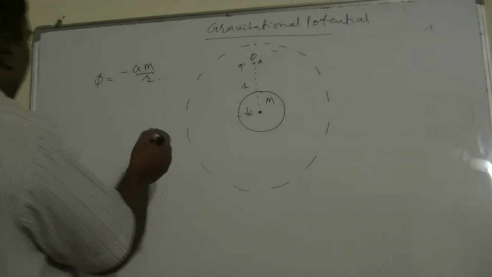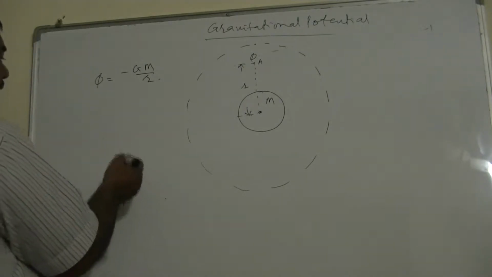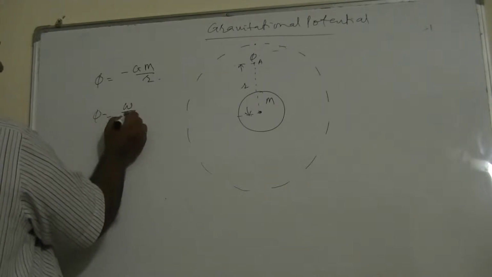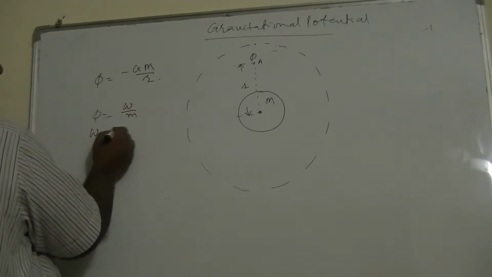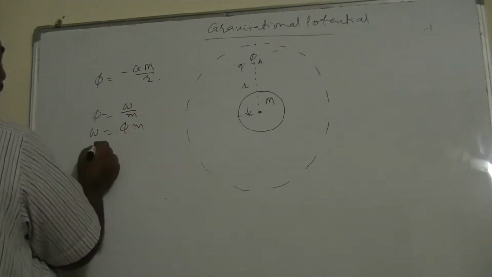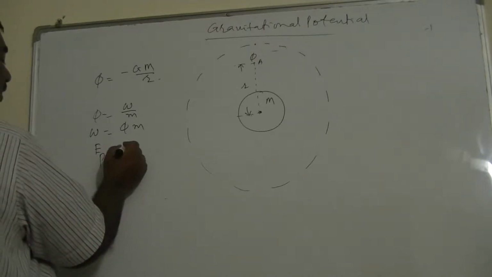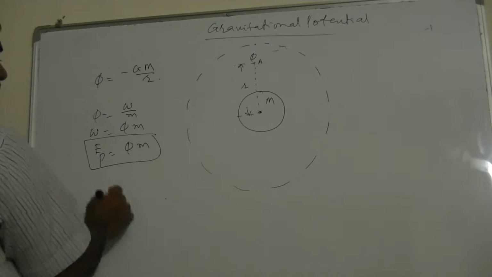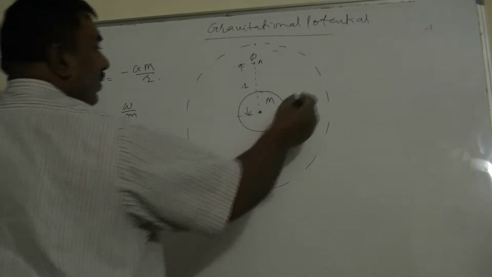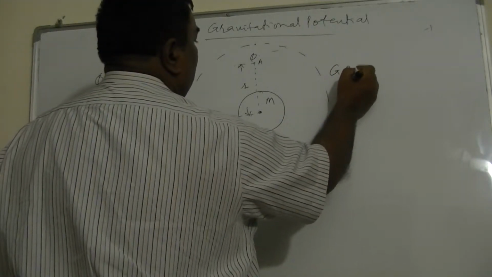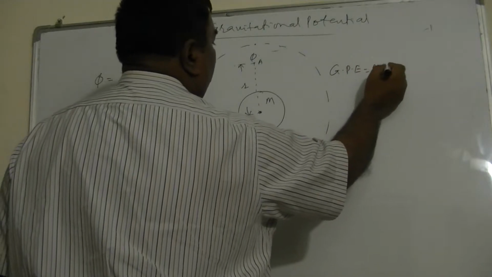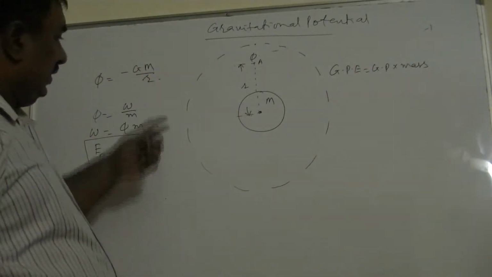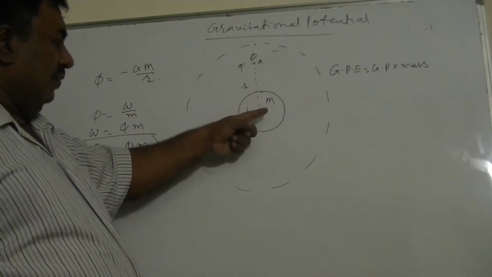Now, since work done is always potential energy, here it will be gravitational potential energy. We know phi is W upon m, or I can say W, work done, is phi into m. So gravitational potential energy is also phi m. I can write gravitational potential energy is equal to gravitational potential into mass. But which mass? It is not the mass of the body due to which the gravitational field exists.